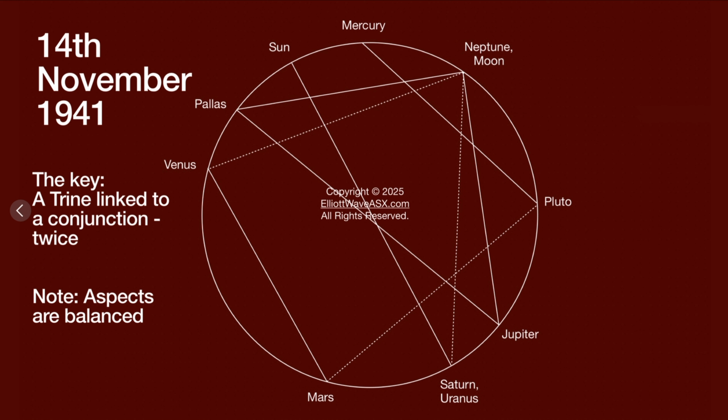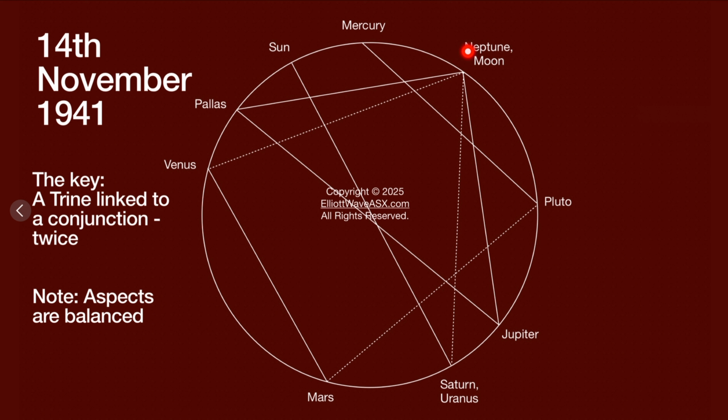If we look at a schematic for the 14th of November 1941 high, the key is there's a trine linked to a conjunction twice. So we have a Saturn-Uranus conjunction linked to a trine, square the Sun, and we have a Neptune-Moon conjunction linked to another trine to Venus, square Jupiter.